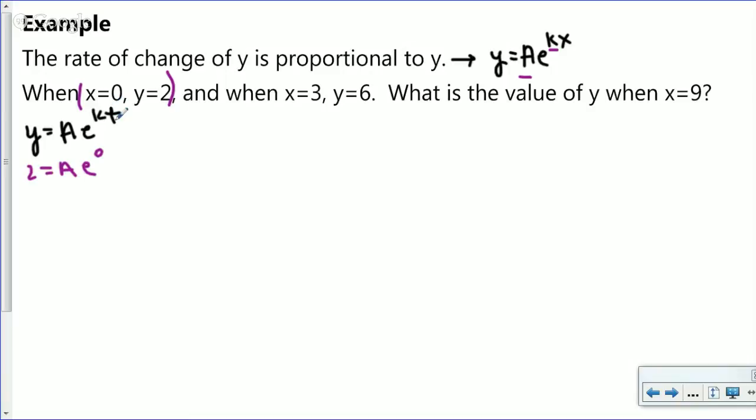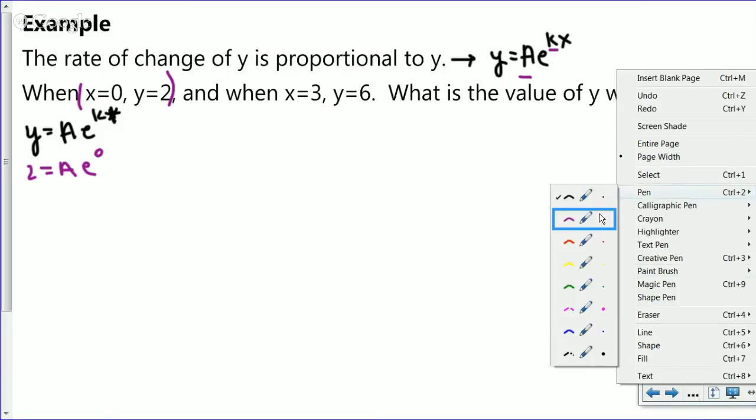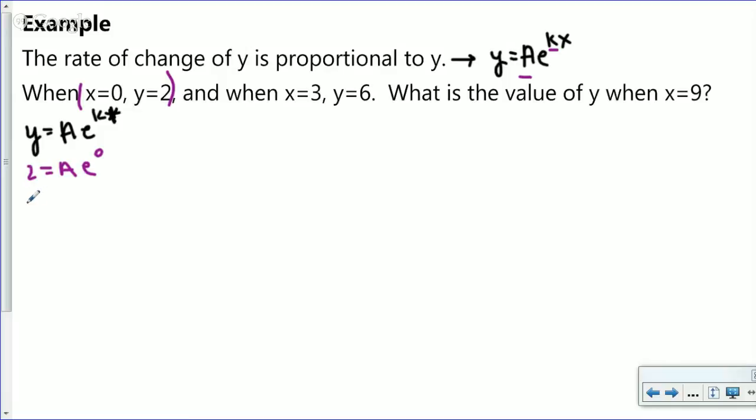This should be an x, right? Looks like a t. All right. So e to the 0 is what? Is 1. So I get that a is 2. So that's good. I now have one of my constants.